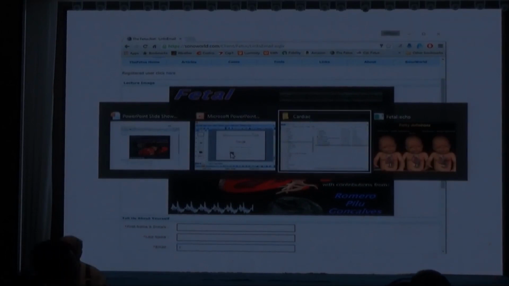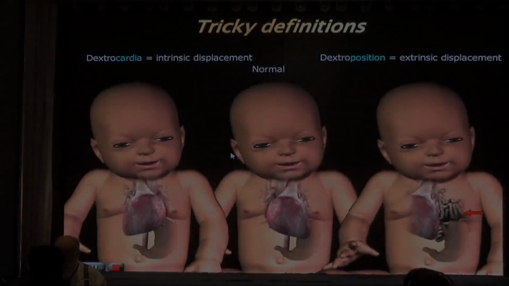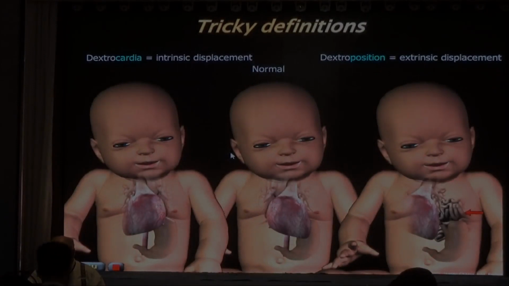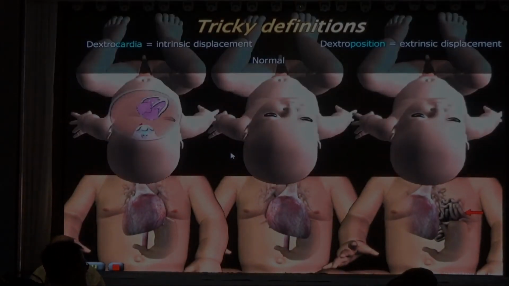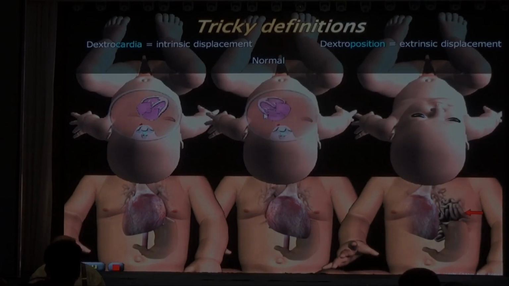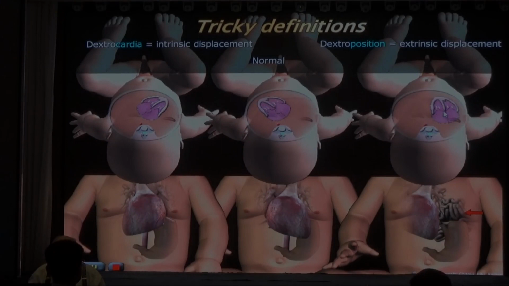So let's go back to our dextral position. In the baby that has dextrocardia, the apex of the heart is on the right side. In the normal baby, the apex is on the left side. And in dextral position, the heart is on the right side, but by looking at the apex, it is pointing to the front or to the left side.